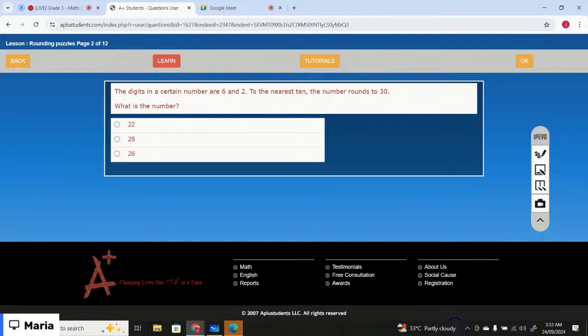So which is the correct option? Yes, 26 it is. That is rounded to 30.